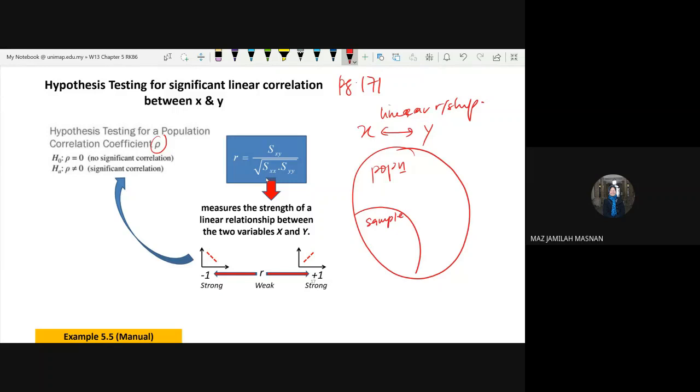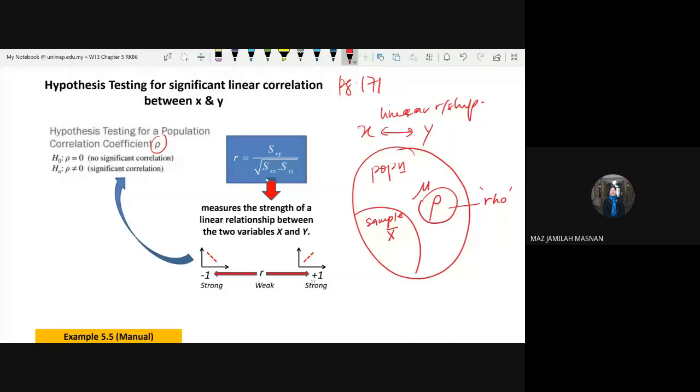Remember last time when we wanted to make inference for our population mean, we used our sample X bar. The same with this case. If we wish to test for the correlation between X and Y, we are going to test for the rho. We use rho to represent our population correlation.